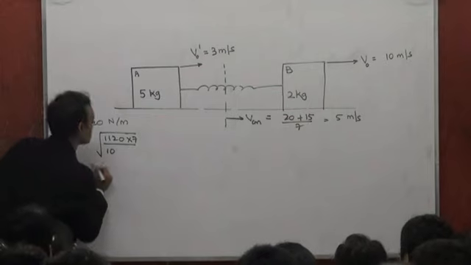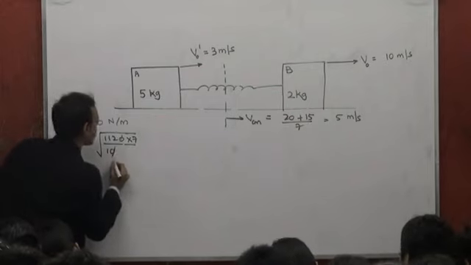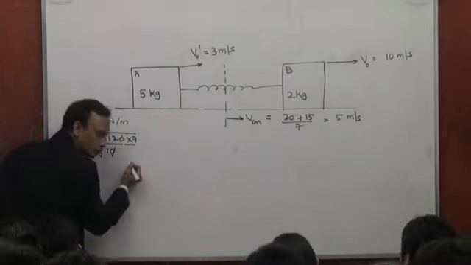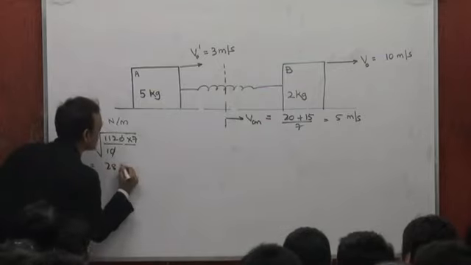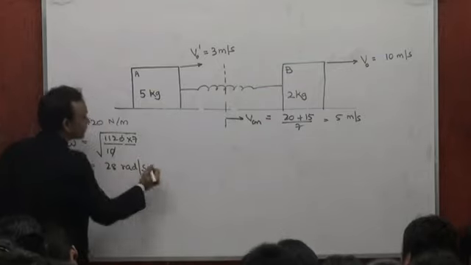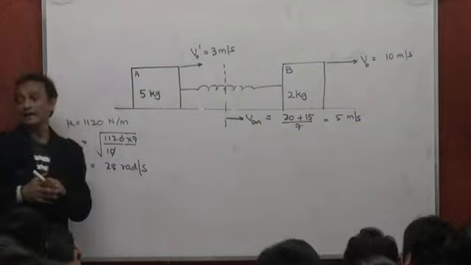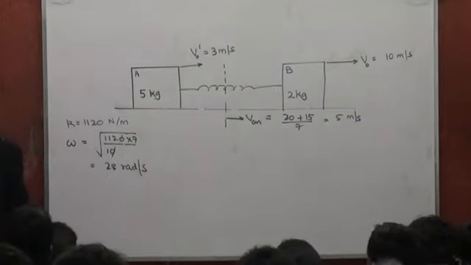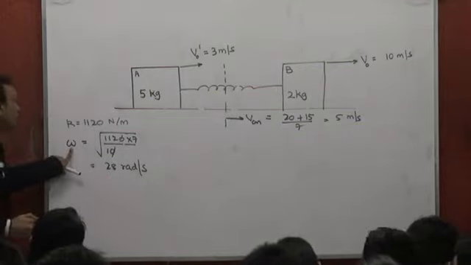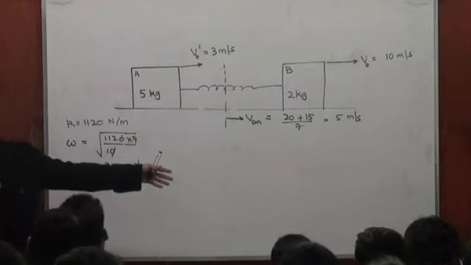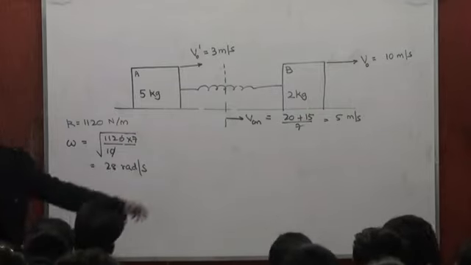So that makes it 7 into 16, so 7 squared into 4 squared, so 28 radians per second is the omega. In the center of mass frame, m1 and m2 are seen to execute simple harmonic motion with angular frequency equal to 28 radians per second. Yes or no?